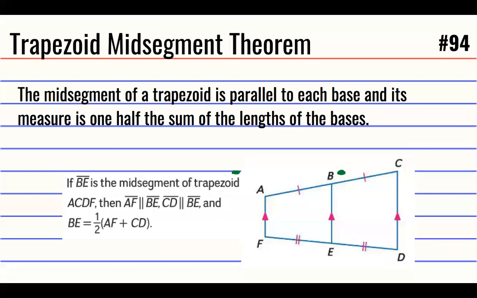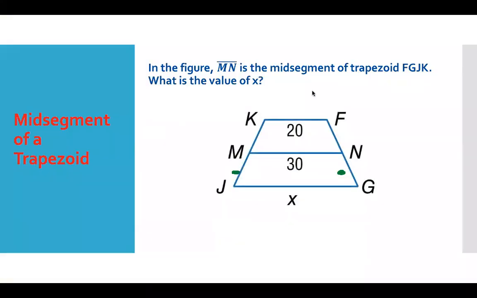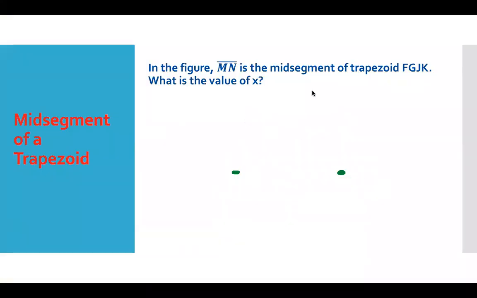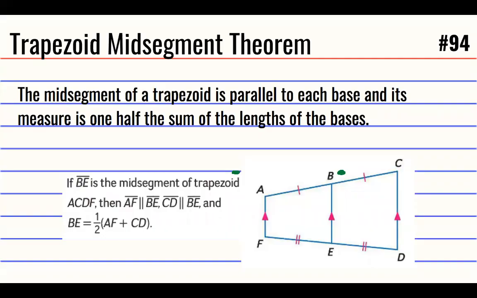The mid segment of a trapezoid is parallel to each of the bases, and its measure is 1/2 the sum of the lengths of the bases. I'll say that again. 1/2 the sum of the lengths of the bases.